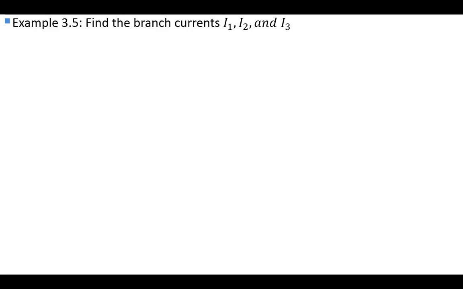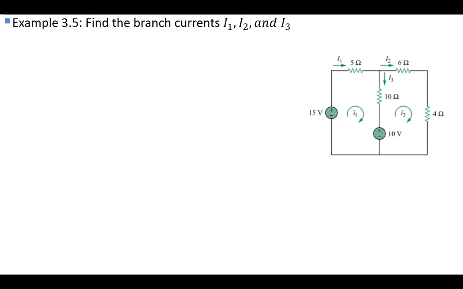So we'll see how to handle such circuits. Let's see the circuit. It has different elements, and the active energy sources are batteries only. A 15-volt battery and a 10-volt battery are present here. You can see that there are two meshes.